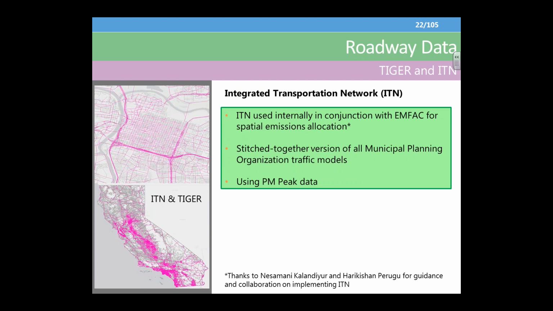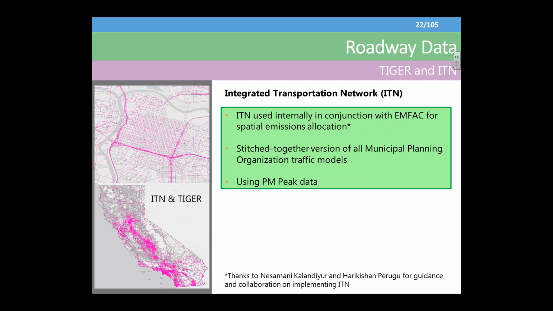So the benefits of ITN: it's used internally with other models, so it has gone through many rounds of data quality checks. It's kept up by another group in ARB, and they spend a lot of time making sure that this traffic model is correct.